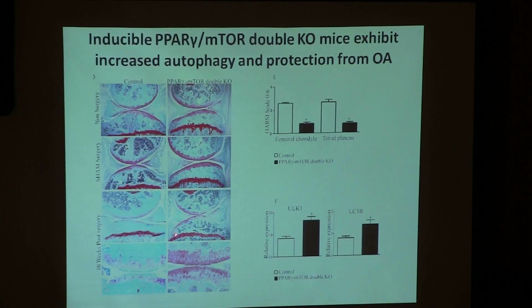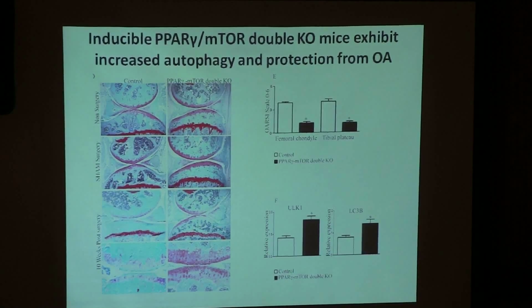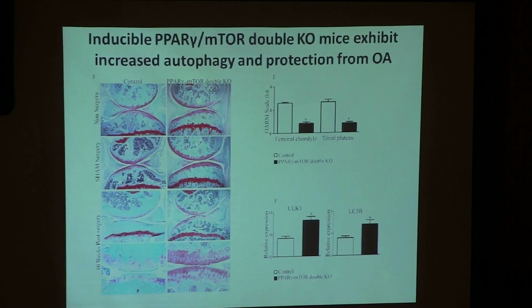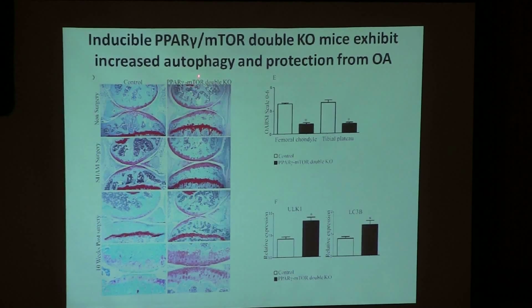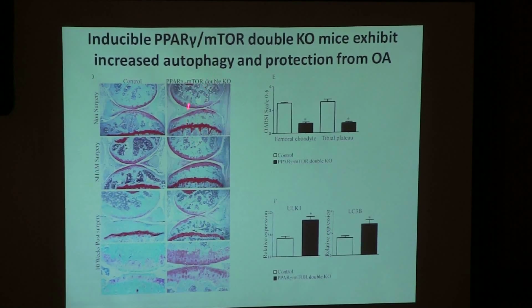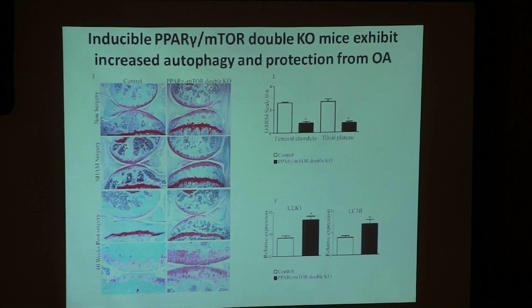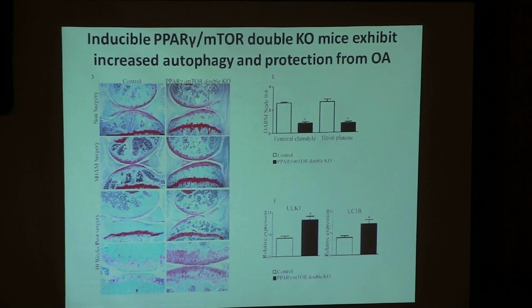Now, if you look at the control mice and the PPAR gamma mTOR double knockout mice, the single PPAR gamma knockout mice exhibit an accelerated osteoarthritic process. However, by deleting mTOR in the PPAR gamma knockout mice, you're able to reverse the OA phenotype and rescue these mice from osteoarthritis.